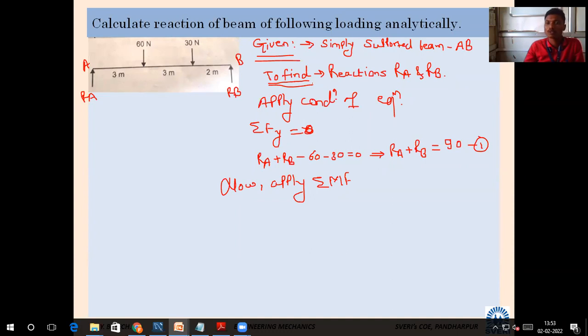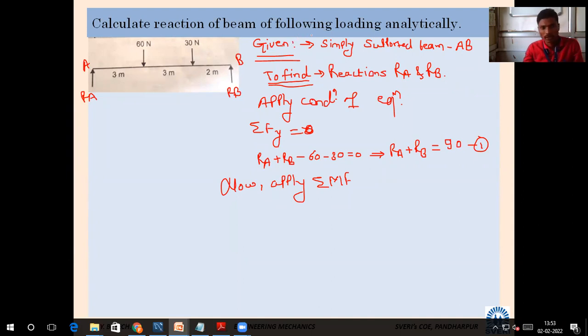Means we have to take a point through which at least one of the reactions A or B passes. You should select a point such that one of these becomes zero.